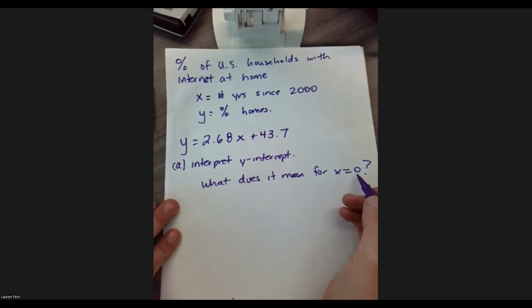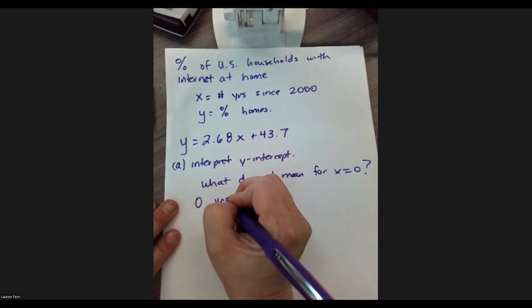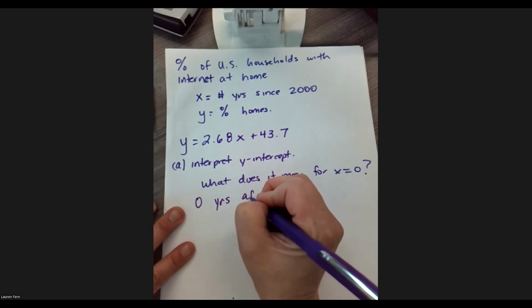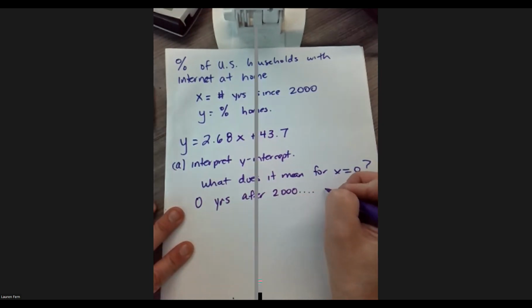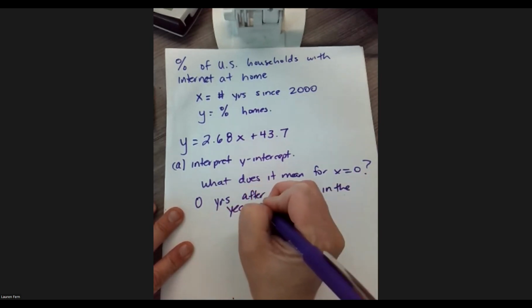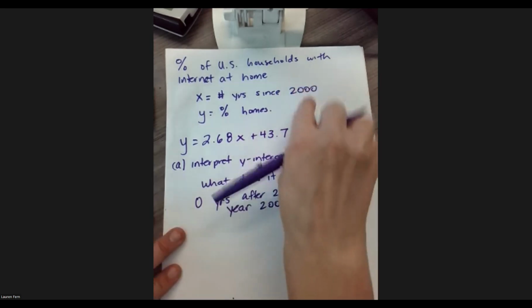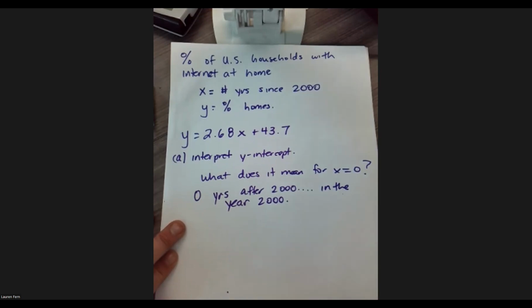Well, if x is the number of years since 2000, we're saying 0 years after 2000, which I would interpret as in the year 2000. In other words, the year 2000 is our starting value here.